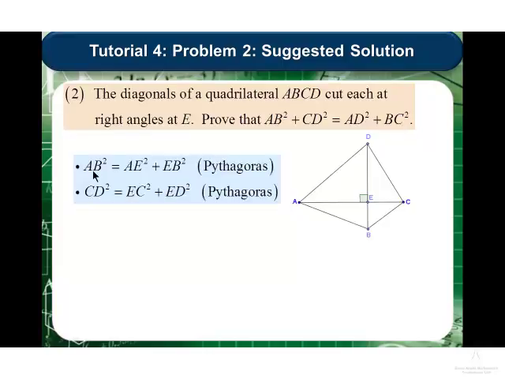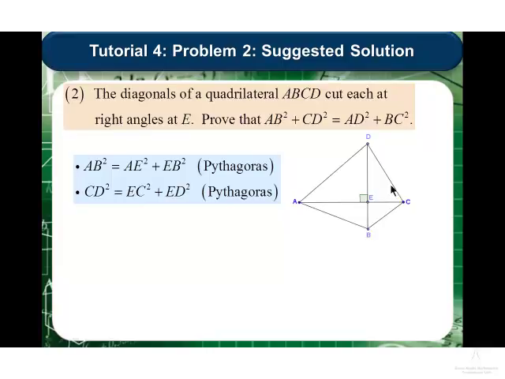First of all, notice that by the theorem of Pythagoras, AB squared is equal to AE squared plus EB squared. AB squared, that's one side of the quadrilateral, is the hypotenuse for the right triangle ABE, and is equal to AE squared plus EB squared.